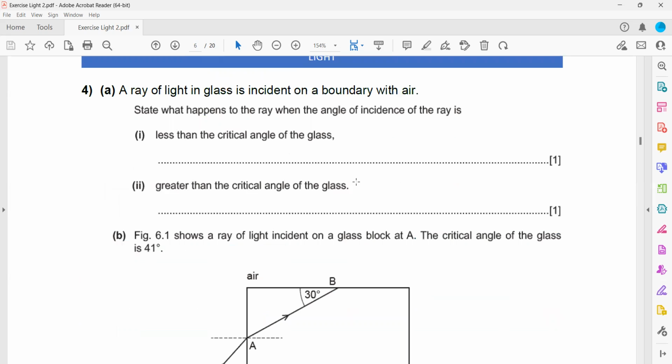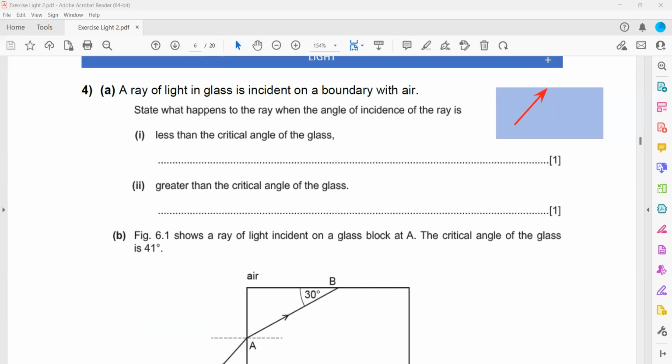A ray of light in glass is incident at a boundary. What happens to the ray of light when it is incident at a boundary with air? So light is in the glass, and it strikes the glass to air boundary, but this angle is less than the critical angle.